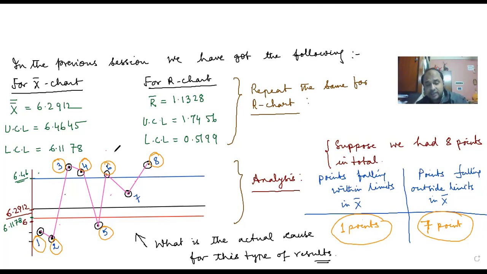Now, in the question, they are saying that you don't have to do this much analysis, because the actual proper situation has not been shown in the question.